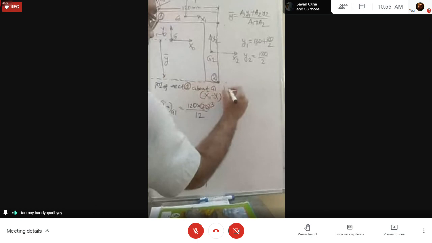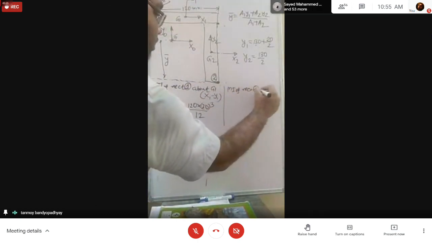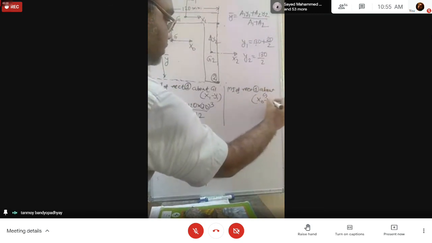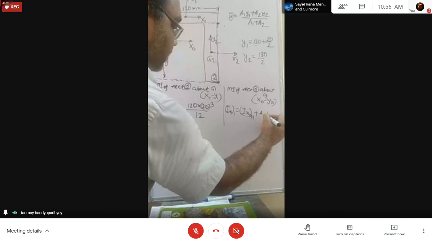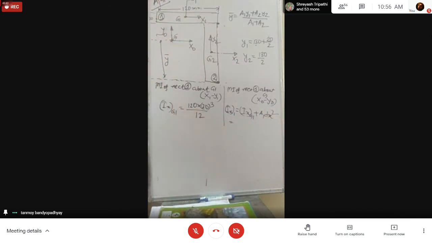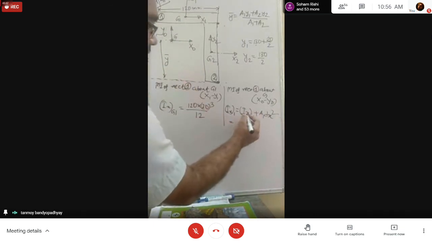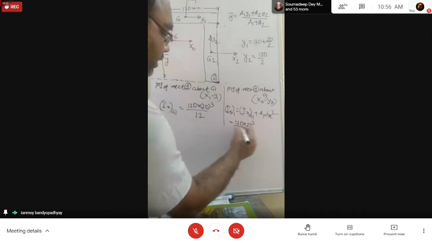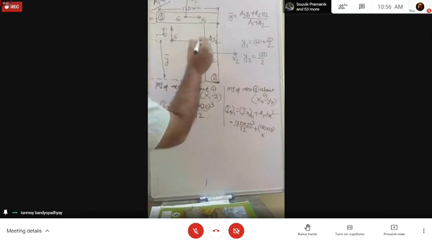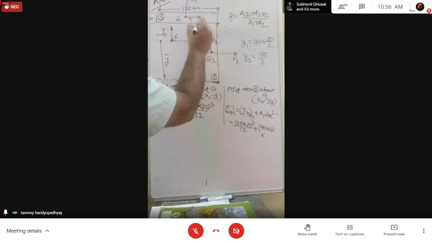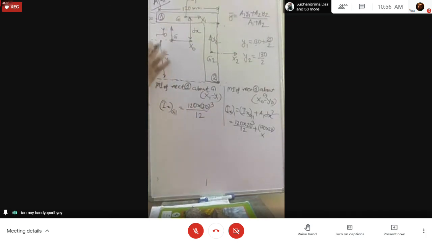Similarly, write MI of rectangle 1 about G axis being x0 y0, so Ix1 should be equal to Ix g1 plus A1 into dx square. It would be better to write dy. So Ix g1 is 120 into 20 cube divided by 12 plus A1, where A1 is the area, 120 into 20, into dx. dx is the distance between these two axes. dx will be equal to, from the top, how much was y bar? Sir, 101. So if this is 101, then from the top it will be, the total being 150, 49. Total 150.